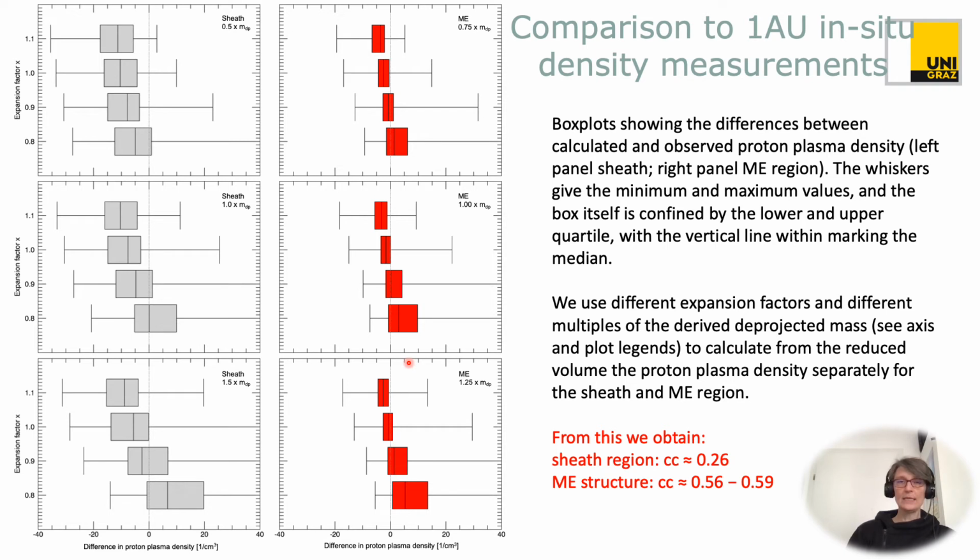And we derive that the magnetic ejecta structure has a much higher correlation, between 0.56 and 0.59. We also come closer with the median value to the zero line, and also the spread. So, for example, the results for a rather constant mass, self-similar expansion with expansion factor 1, give a rather low spread and are very close to the zero line.